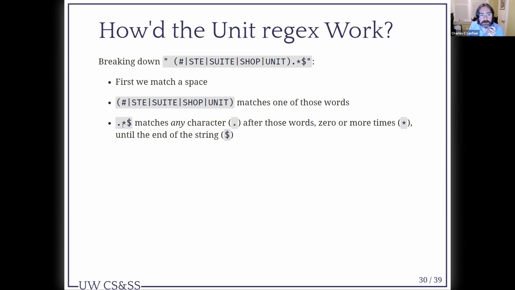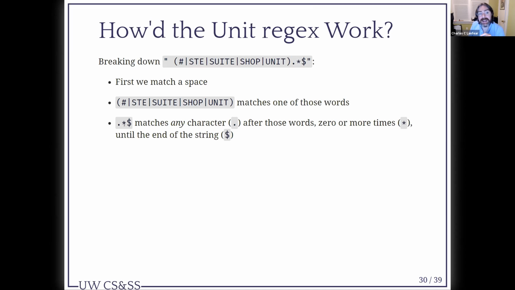So what I say here is period, asterisk, dollar sign. Period is a meta character. Period matches anything. Any character is matched by period. Okay, so this says match pound, suite, shop, or unit, and then any character that comes after it. And this includes spaces, numbers, letters, special characters, whatever, to match anything.